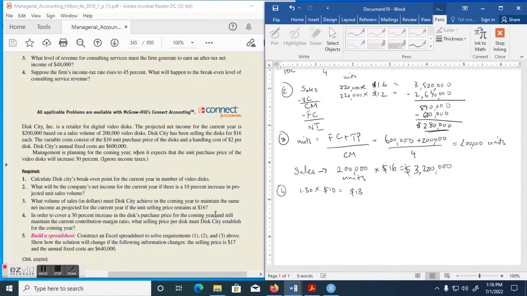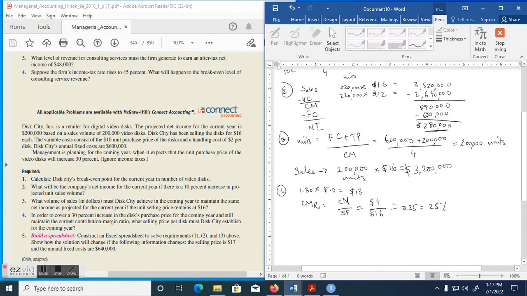And the specification is that you still maintain the current contribution margin ratio. So the current contribution margin ratio, if we're to do a calculation over here, our contribution margin ratio will always be equal to the contribution margin divided by our sale price. And our contribution margin is $4 as calculated earlier, and $16 is given as our sale price. So 4 divided by 16 gives us 0.25 or 25% contribution margin ratio.